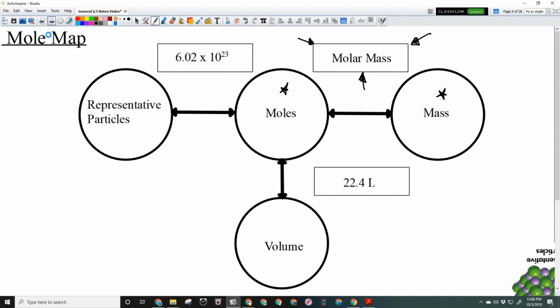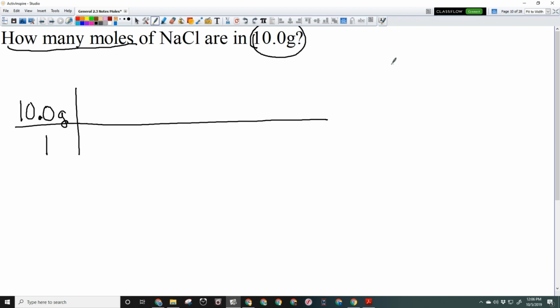So now we have to back up and think about molar mass. Remember, you take each one of these elements, find out how many atoms make up that compound, and then add it together. That's called molar mass. So in order to get from grams to moles, we have to calculate the molar mass of NaCl.